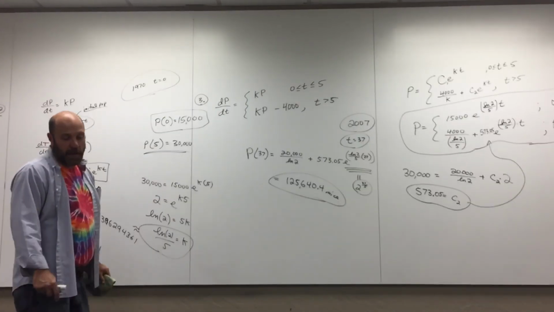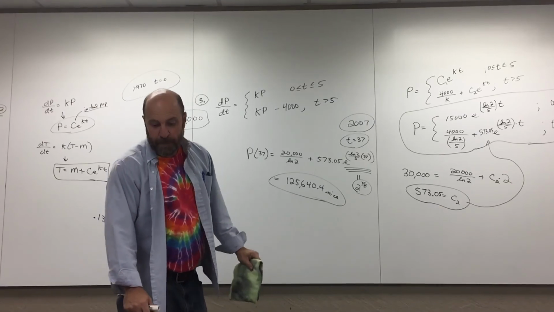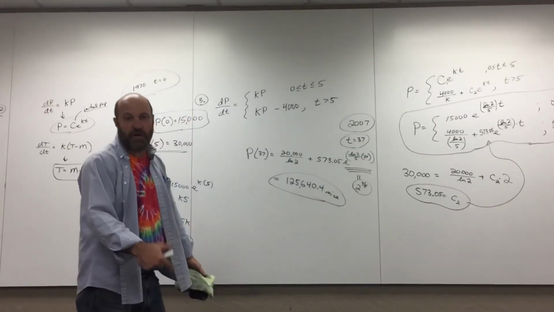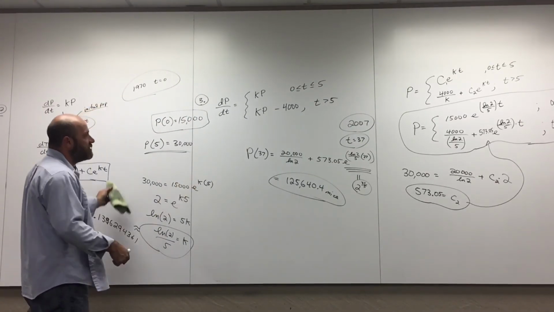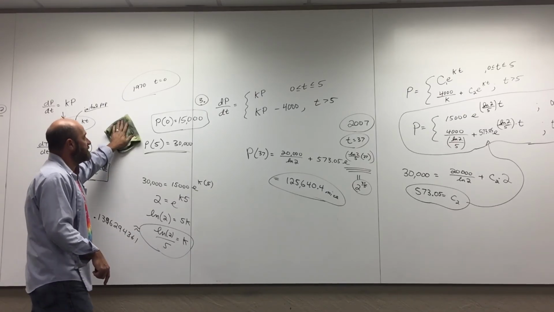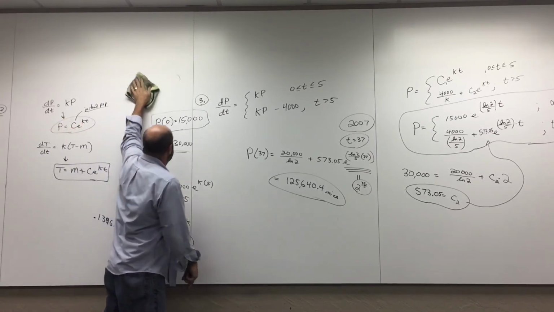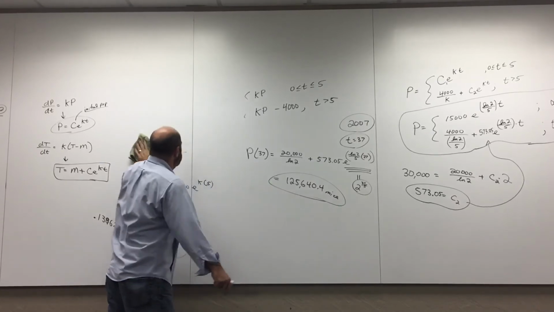Let's do a temperature problem. And if you don't mind, I didn't do a temperature problem the other day, so I want to make up a temperature problem. I'm going to just make up an example. Is that okay? We'll get rid of this, and let's do a temperature problem.